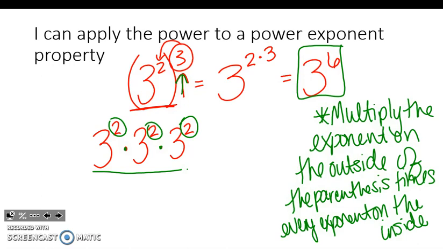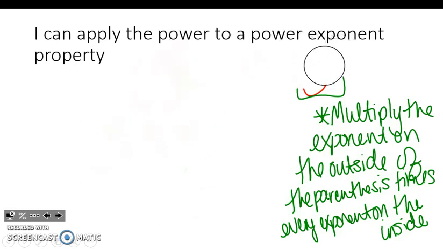Now you have to make sure that you distribute it to every single exponent. Remember, if you need to pause it, go ahead and pause it to get that all written down. I'm going to go ahead and go on to the next example, though.